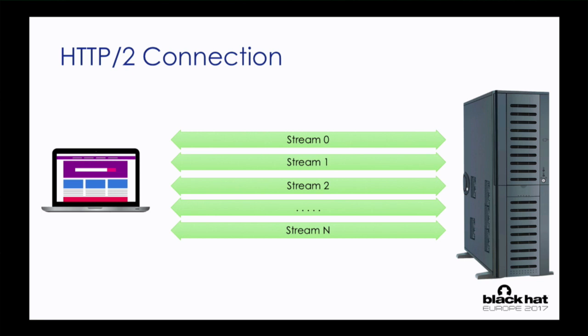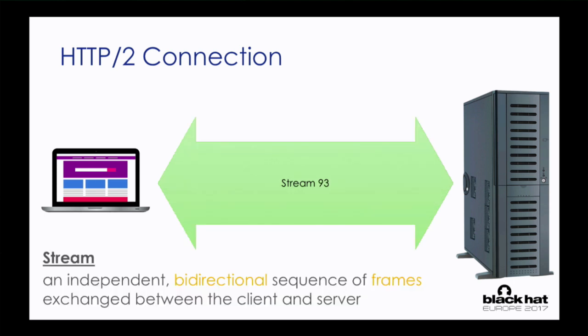Stream 0 is the only stream which deals with the parameters for the entire connection, and we'll see that later. So this is the definition of a stream according to the RFC: an independent bidirectional sequence of frames exchanged between the client and the server.